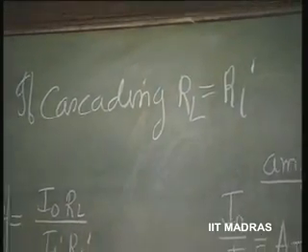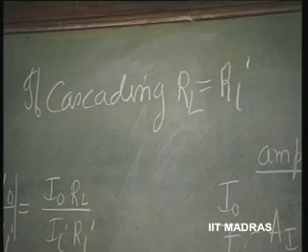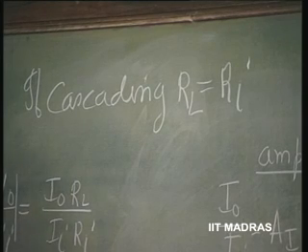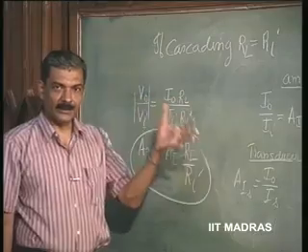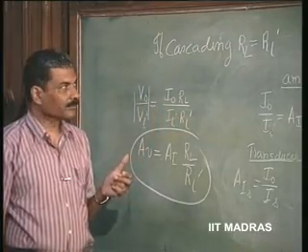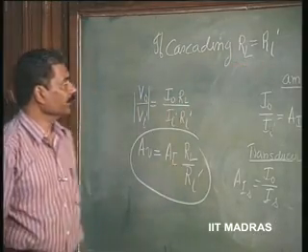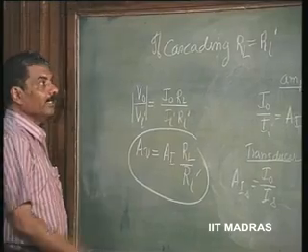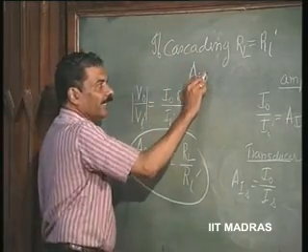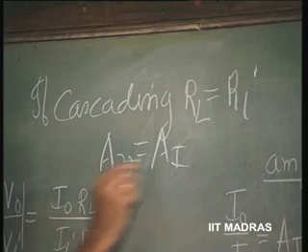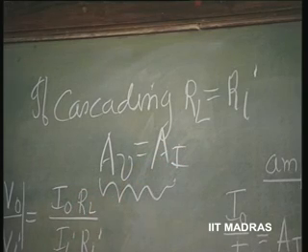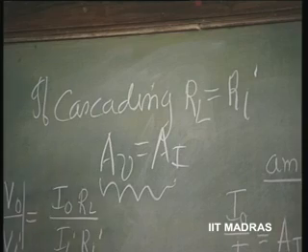Please remember, the load for one amplifier is the same as the input resistance of the other amplifier. So, RL is equal to Ri. Then it is proven that AV is always equal to AI. This is an important statement. While cascading, therefore, the voltage gain is the same as the current gain.